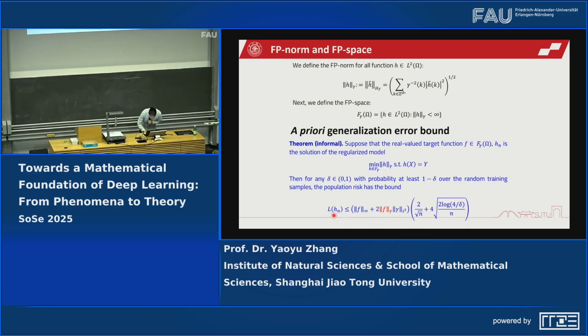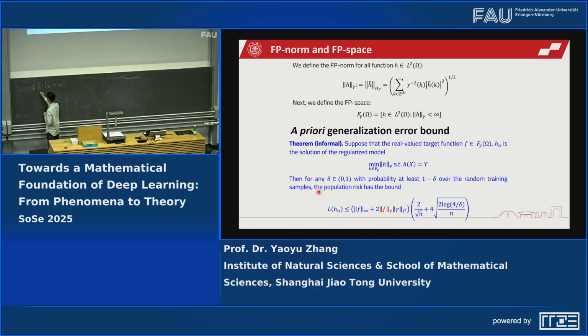The L_H is what we call the population loss. This loss is evaluated through an integral, and it is called the population risk. Essentially, we have the empirical loss, which is the L2 sum of f theta of x_i minus y_i. That is an empirical risk.